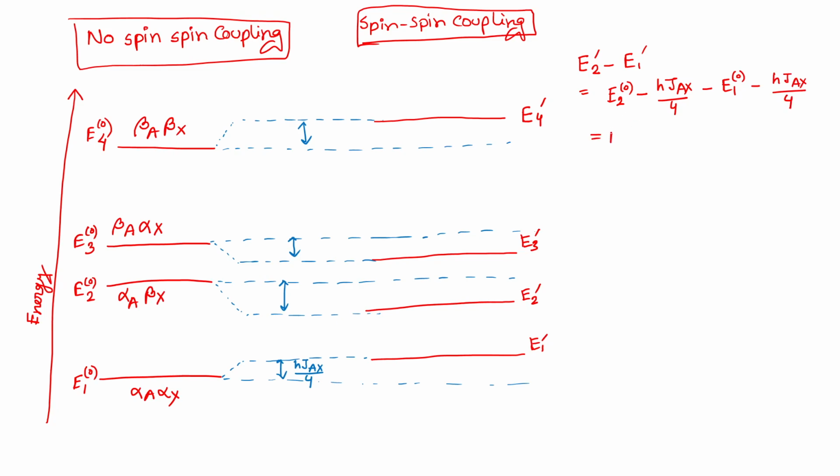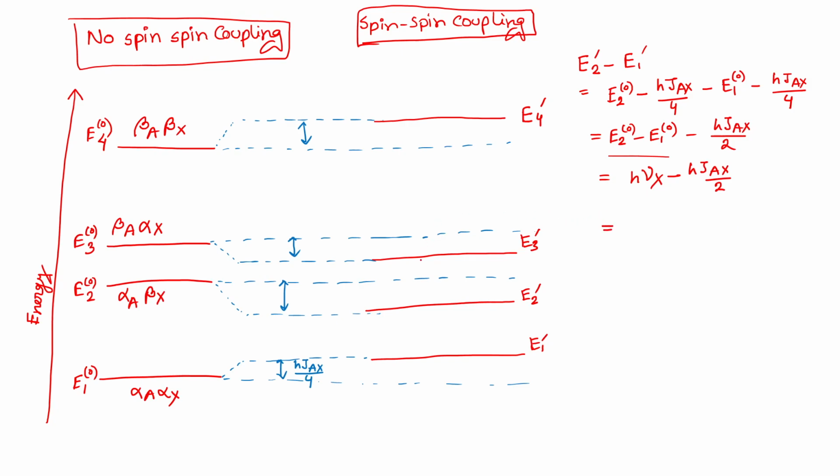So the energy gap is E2 0 minus E1 0 minus JAX by 2, which is nothing but h nu X, because it was associated with the spin flipping of the X nuclei, right? Minus hJAX by 2. You can show that.